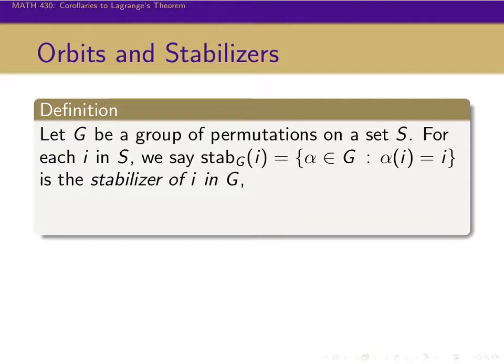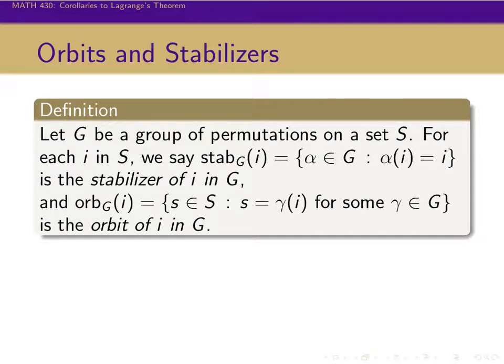We actually had a homework problem on this previously, where we proved that the stabilizer of I in G, so all of the elements in G that fix I, is a subgroup of G. Then the orbit of I is equal to all of the elements s in S such that s is equal to gamma of I for some gamma in G. Right?